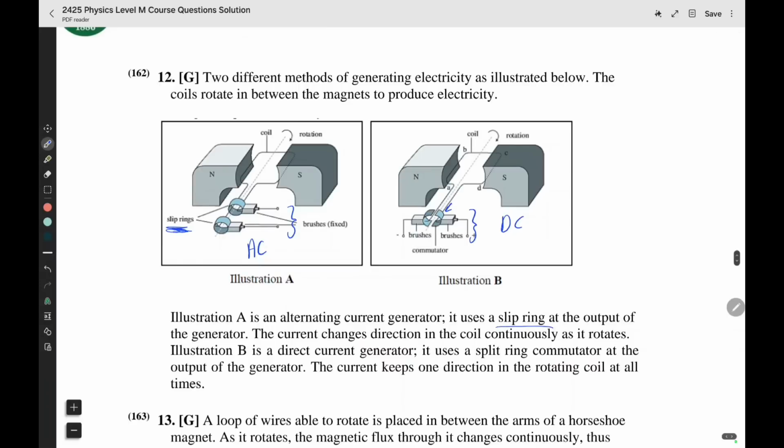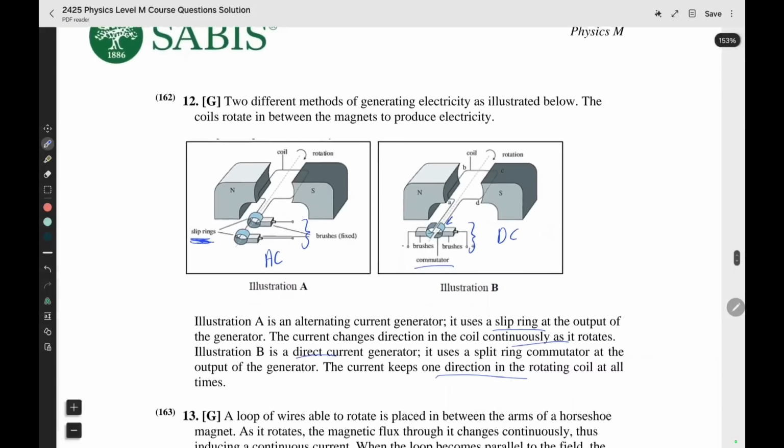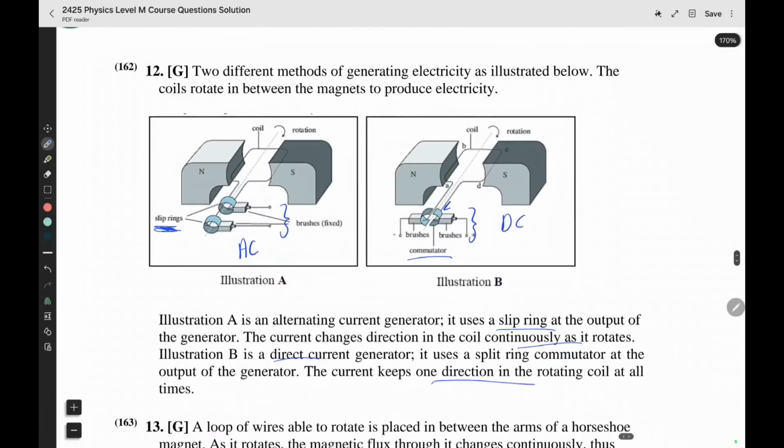It uses a slip ring, and the current changes direction continuously. B uses a split ring commutator. That's how you know it's DC, direct current. It keeps on one direction in the rotating coil at all times. Remember, which one has only one direction? DC. It's called direct current. The whole point of the split ring commutator is so that the current is always moving in the same direction.